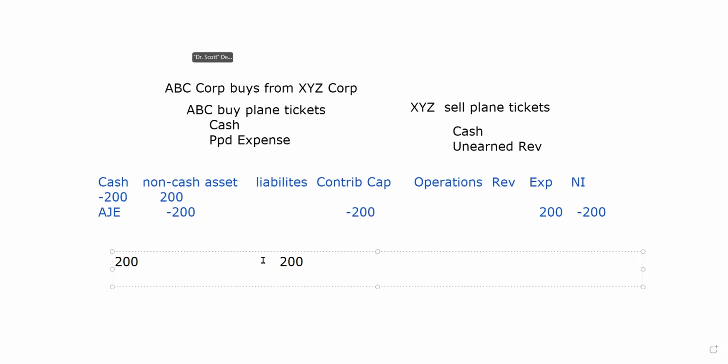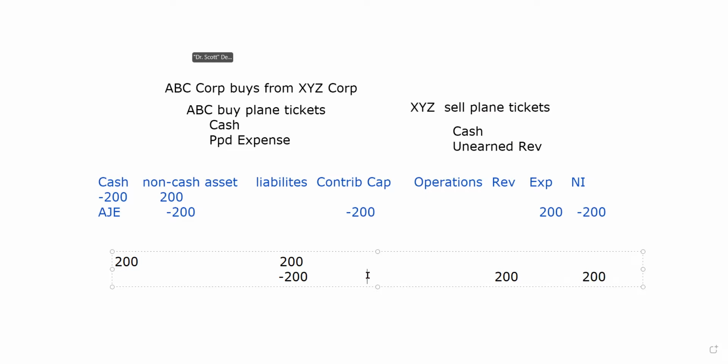And when the plane takes off and lands, I'm going to eliminate that obligation, the unearned revenue. And then I'm going to put it over here under actual revenue, or positive net income of 200.